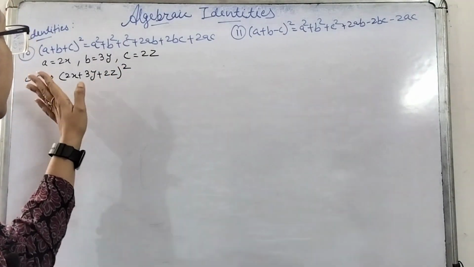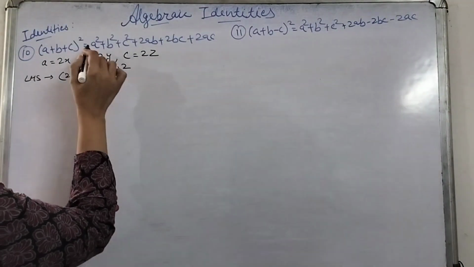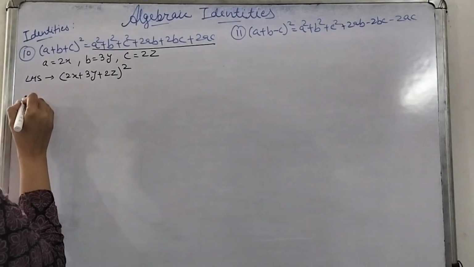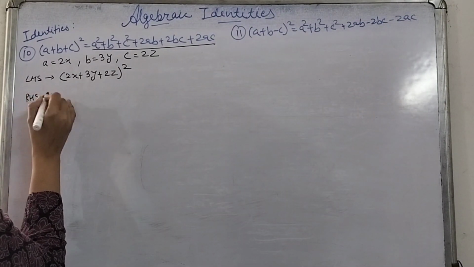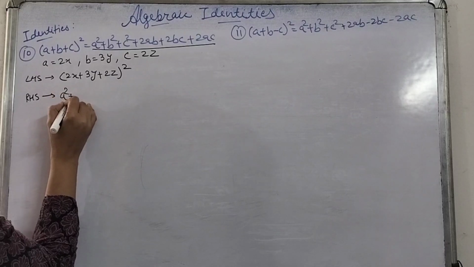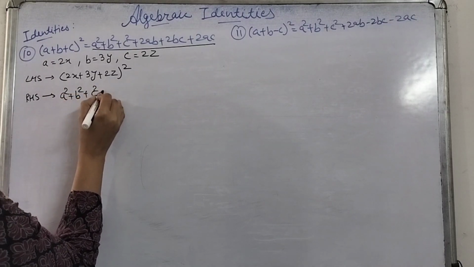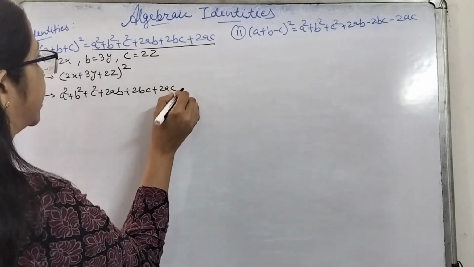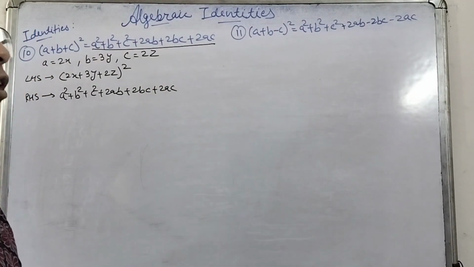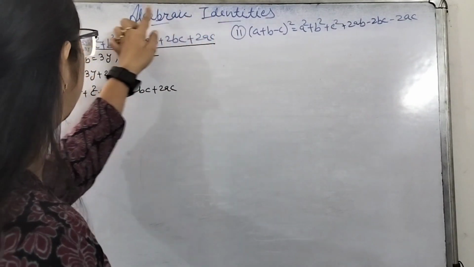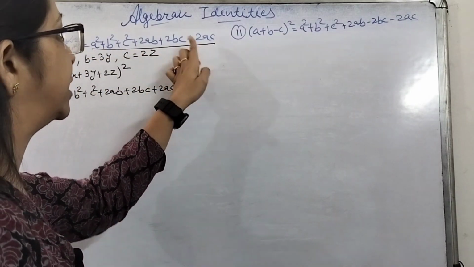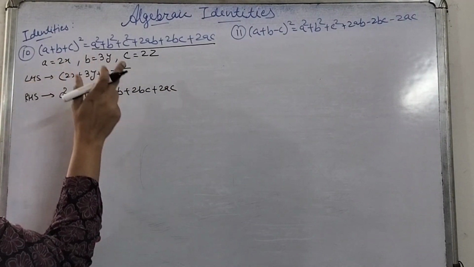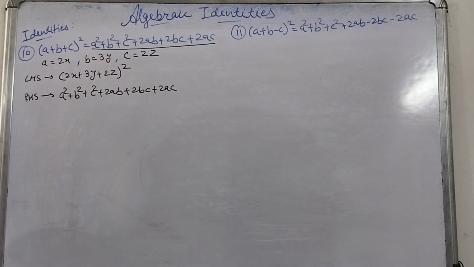If we need to find the square of this trinomial, directly we will be keeping the values of a, b, c over here. So what is the RHS part? RHS is a square plus b square plus c square plus 2ab plus 2bc plus 2ac. In solving the identities, we always need to write the identity first. First of all, we will be writing whichever identity we are using. Now we will be replacing a by 2x, b by 3y and c by 2z.